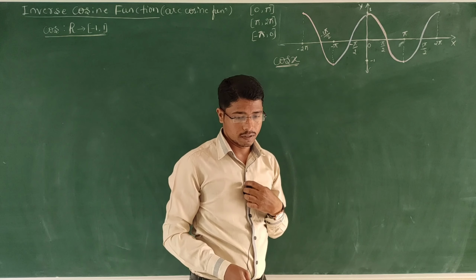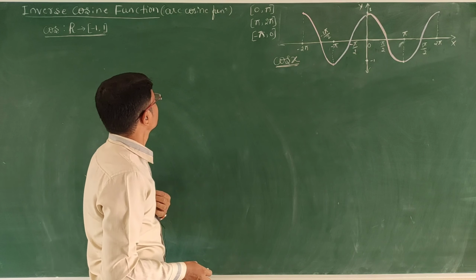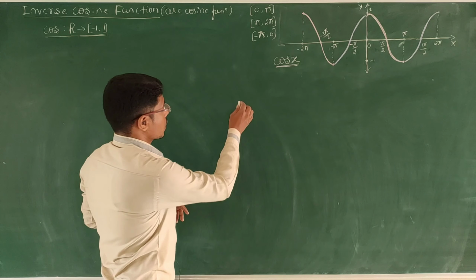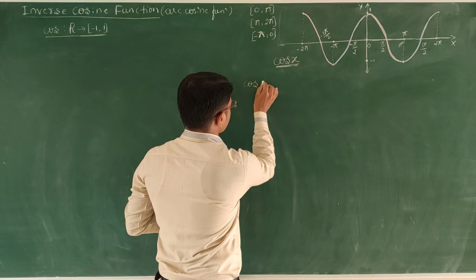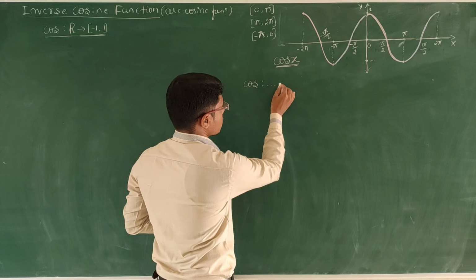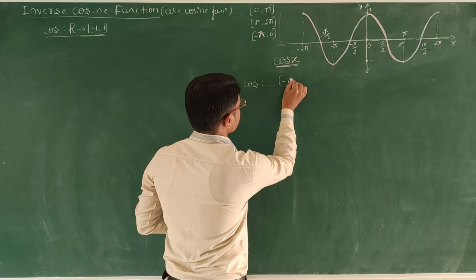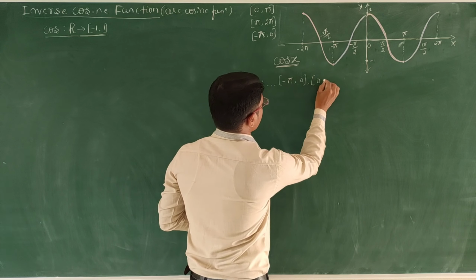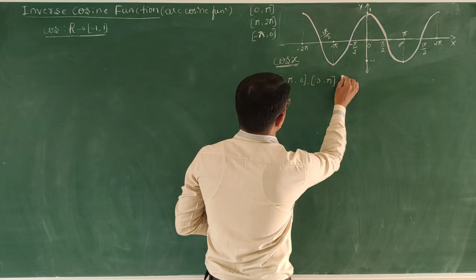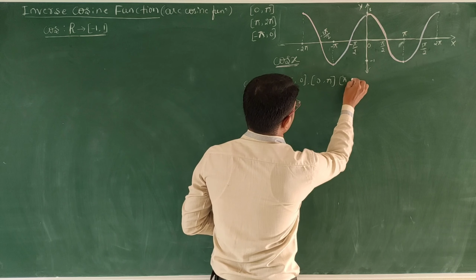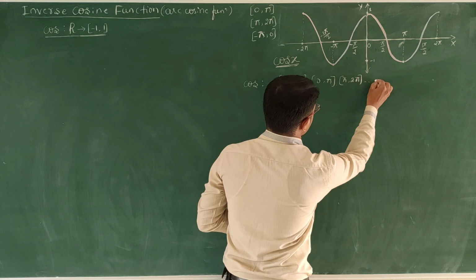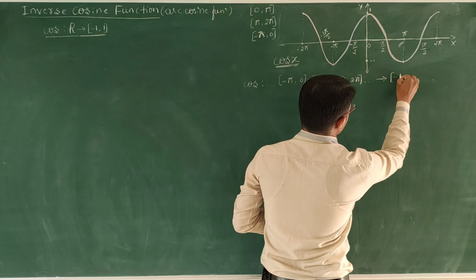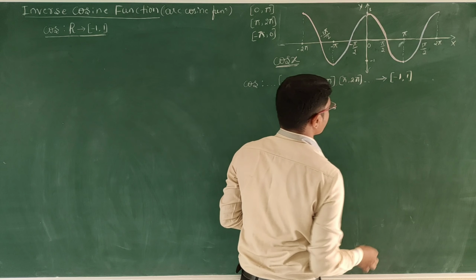So cos in the set of real numbers can be written as from minus pi comma 0, or 0 comma pi, or pi comma 2 pi, and so on, to minus 1 comma 1.